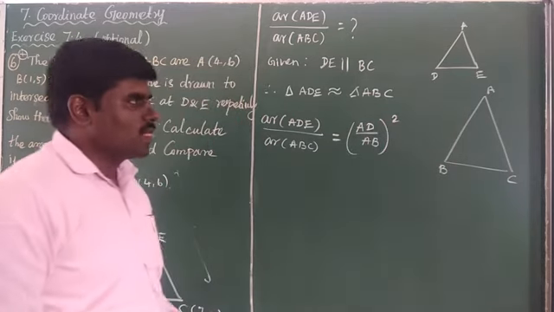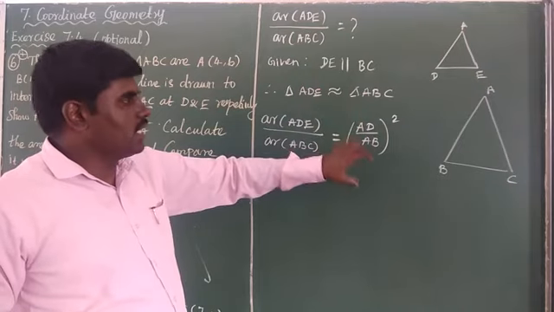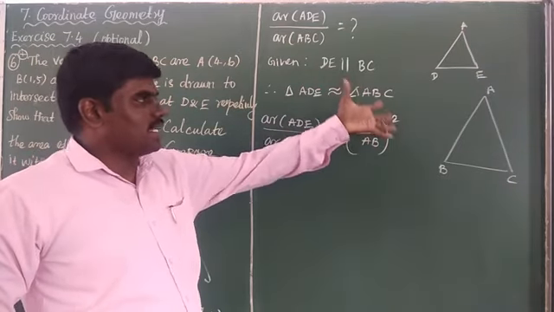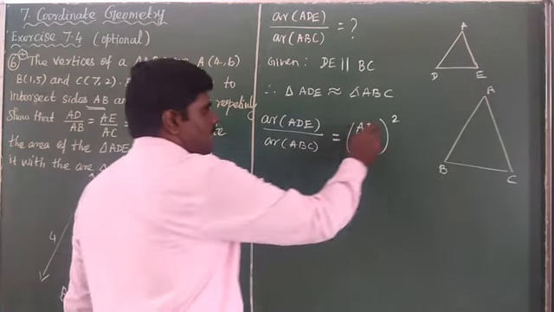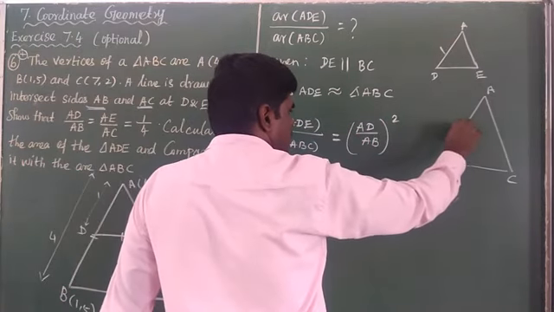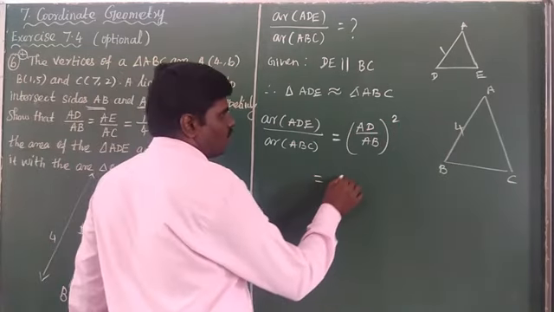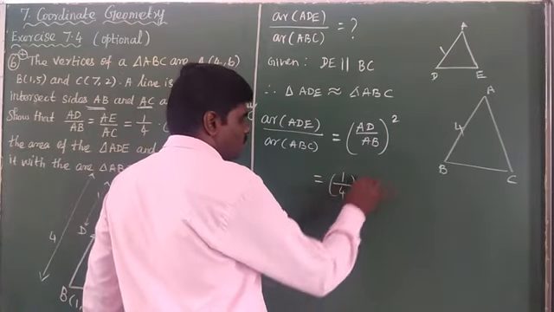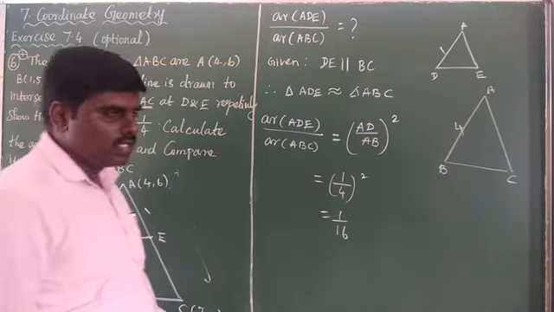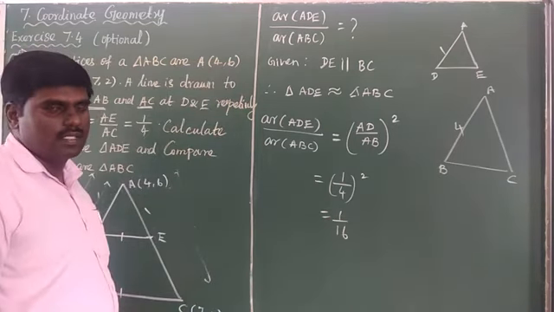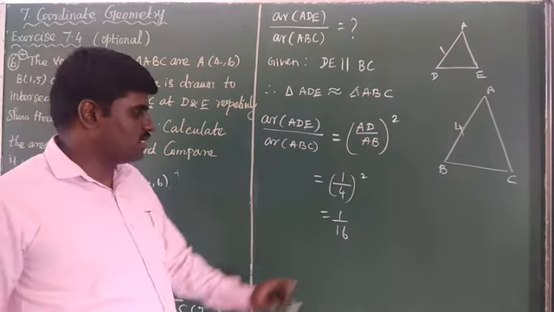So the ratio of the areas of two similar triangles is equal to the square of the ratio of their sides. This is another result. In the same way, AD length is equal to 1, again AB length is equal to 4. So it is 1 divided by 4, the whole square, which is equal to 1 by 16. This is the concept. This is the ratio of the areas of the triangles ADE and ABC: 1 by 16.